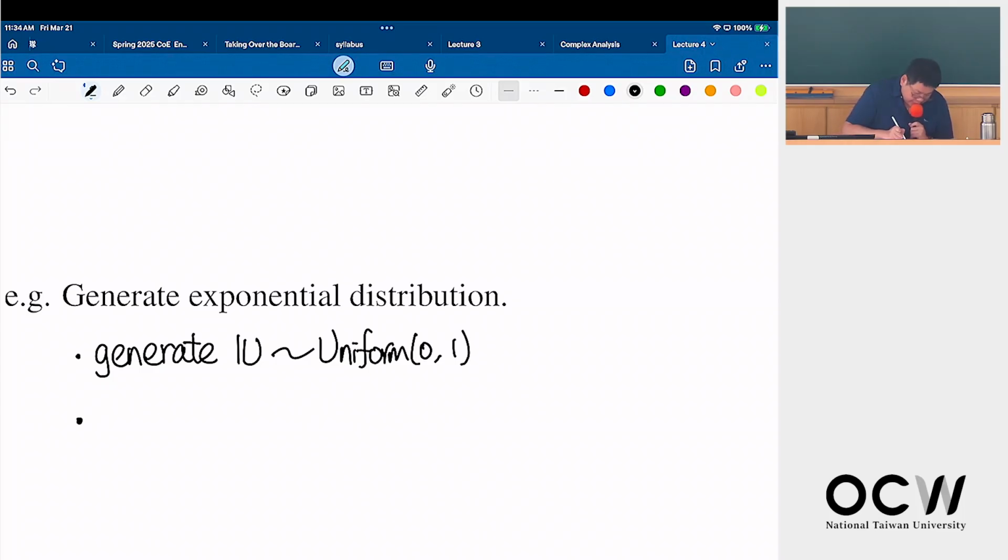And then we need to find the inverse of your CDF of x. And then x is exponential.